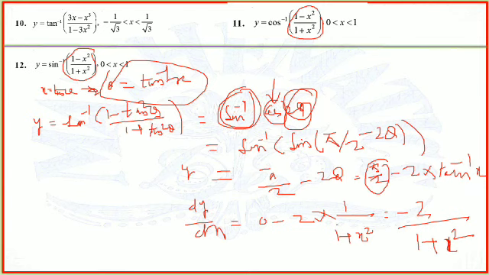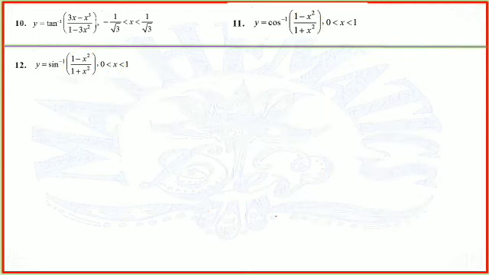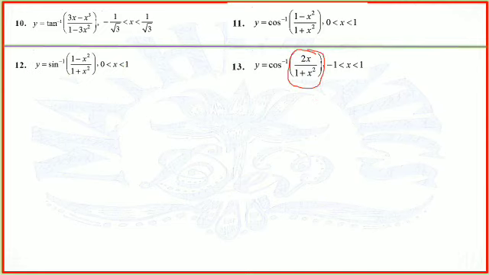So it is just a matter of substitution. You need to be a little careful in the beginning, then you will get simple things. Question number 13 is also of similar nature. You will replace here x by tan theta, but this formula is of sine 2 theta, 2 tan theta upon 1 plus tan square theta.